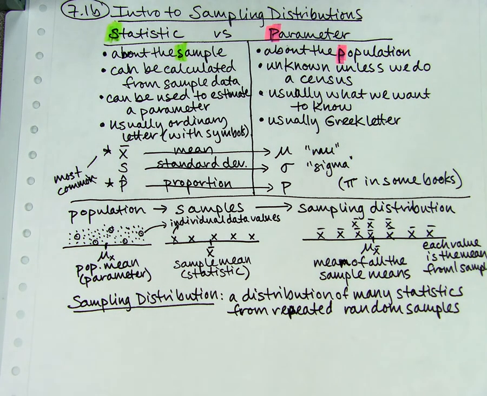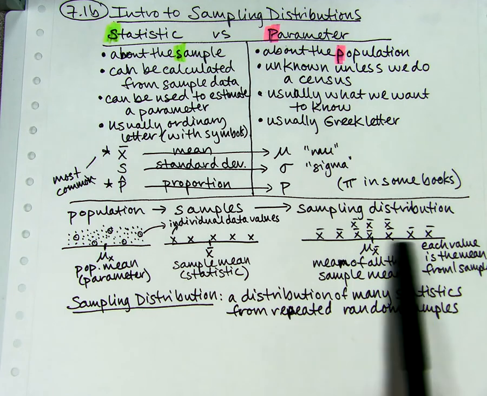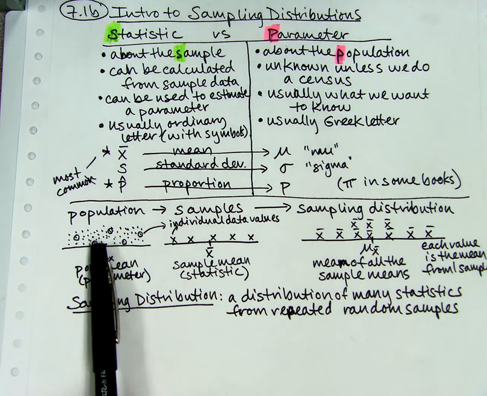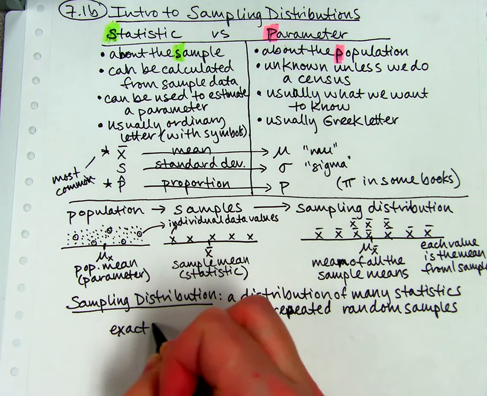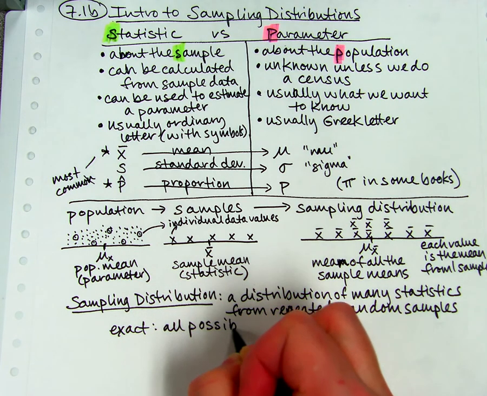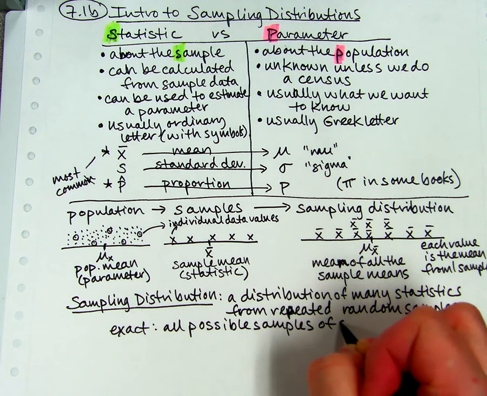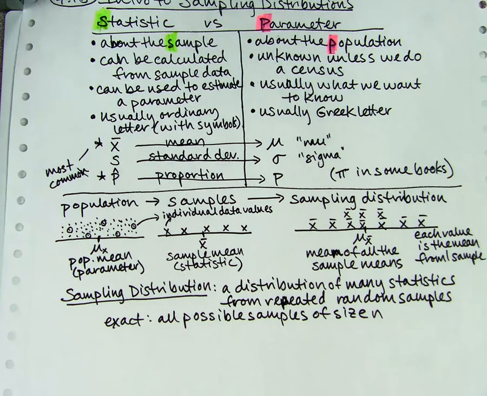Officially, if you want to be super picky about it, to get this distribution to be complete, we would need to take every possible sample of that size from this. So if I wanted to be exact, I would take all possible samples of size n from that population, and I would use all of them.